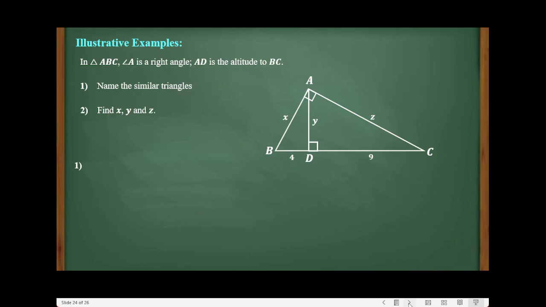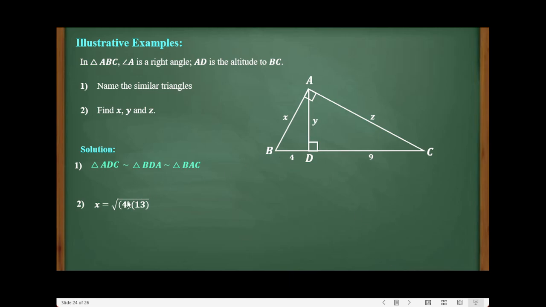For our solution in number one, triangle ADC is similar to triangle BDA, which is also similar to triangle BAC. So this is the answer to number one. For number two, we apply the formula for the geometric mean related to a right triangle.